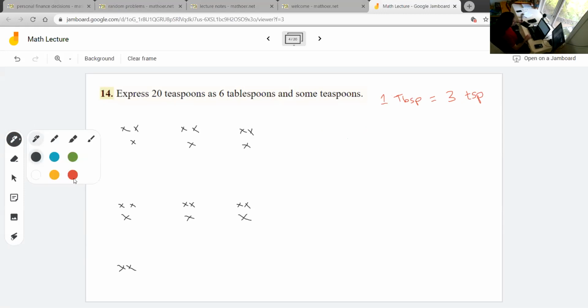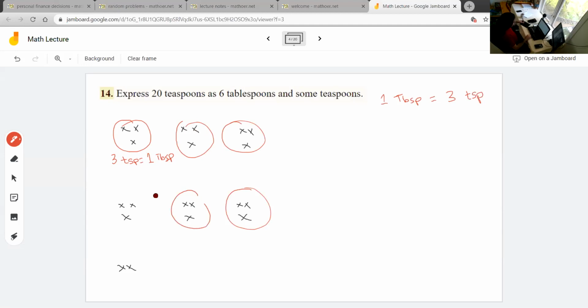So each of these, we can say that 3 teaspoons is a tablespoon. So we wind up with 6 of those tablespoons. And then how many were left over? 2 teaspoons.